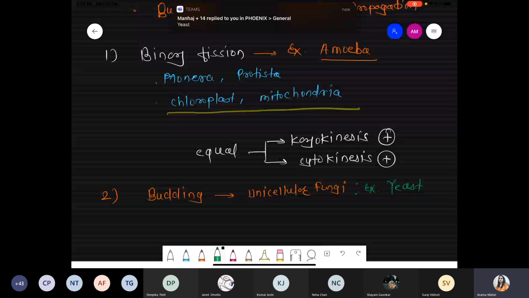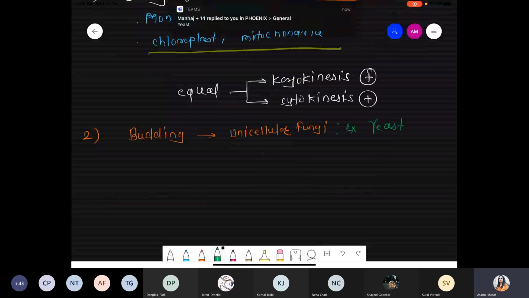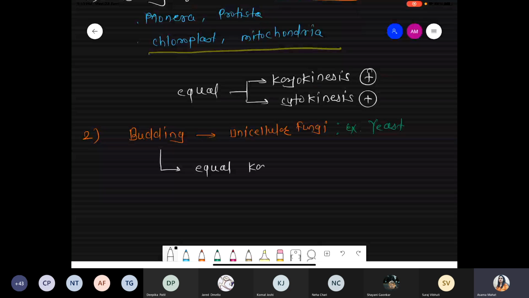Now, when we are talking about budding, हमने वहां पे भी discuss किया था. There is a formation of the bud, but in the budding condition, equal karyokinesis होगा. Whatever the genetic material, it gets distributed equally into 2 daughter cells. But please remember, in this condition, unequal cytokinesis will occur.